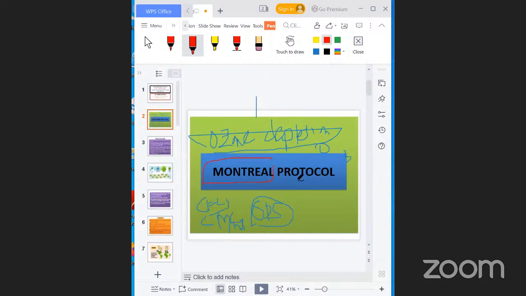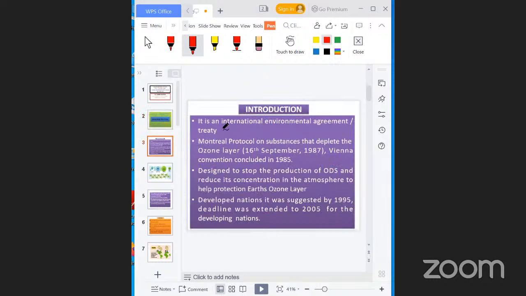The Montreal Protocol is a landmark international environmental agreement or treaty. The Montreal Protocol on Substances that Deplete the Ozone Layer was signed on 16th September 1987, and the Vienna Convention was concluded in the year 1985.